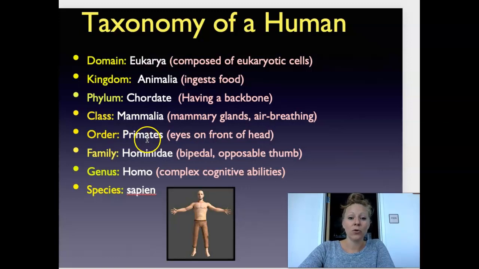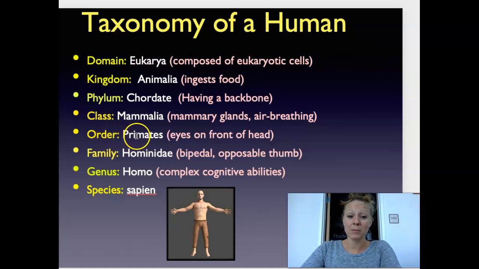Primates. If you are in the domain Eukarya, kingdom Animalia, phylum Chordata, class Mammalia, and you have eyes on the front of your head, then you are a primate. That is the order that humans are in.